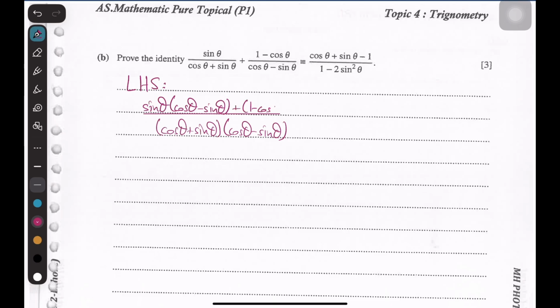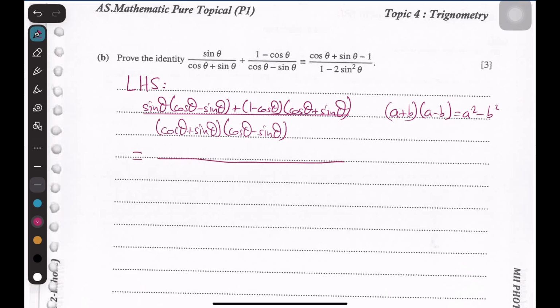So 1 minus cos theta multiplied with the denominator of the left fraction. Okay. Now keep in mind the identity a plus b, a minus b equals a square minus b square. We can apply this in the denominator.